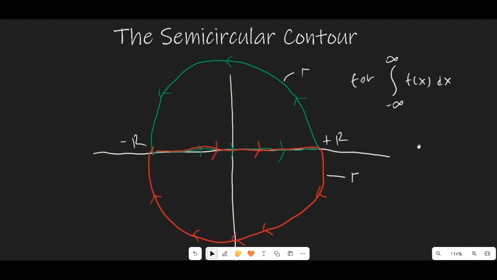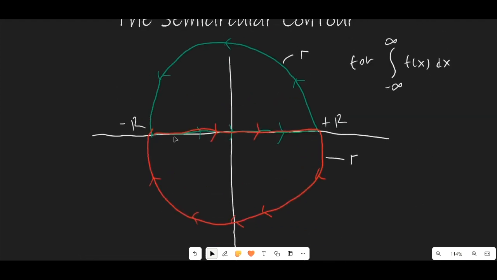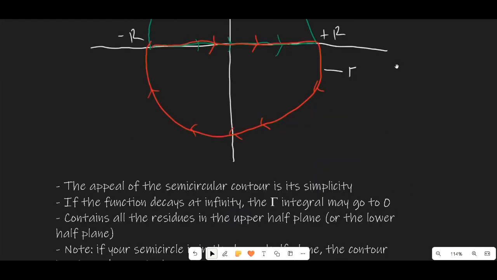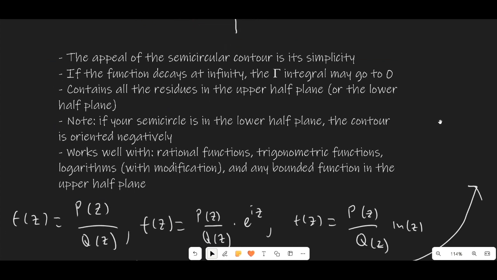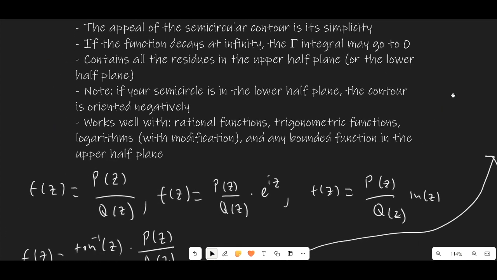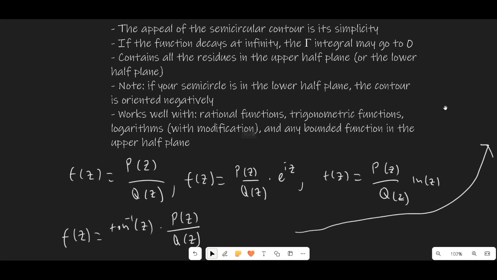Now let's talk a little bit more about the motivation of this. Obviously, we have our real axis integral right here. We absorb all the residues inside the contour, and if our function goes to 0 on this curve capital Gamma right here, then our contour integral is really easy to evaluate, and that's kind of the point of choosing the semicircular contour. So it's incredibly simple, and if the function decays at infinity, then the Gamma integral may go to 0.